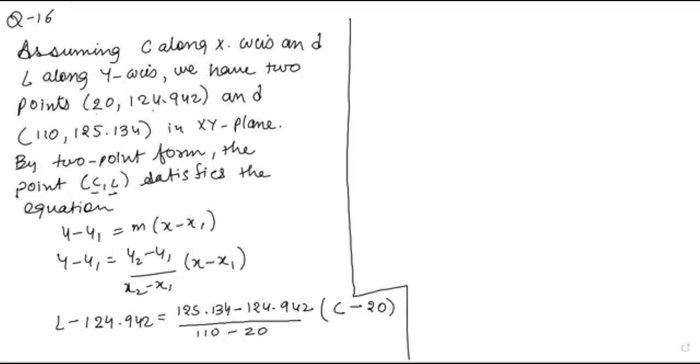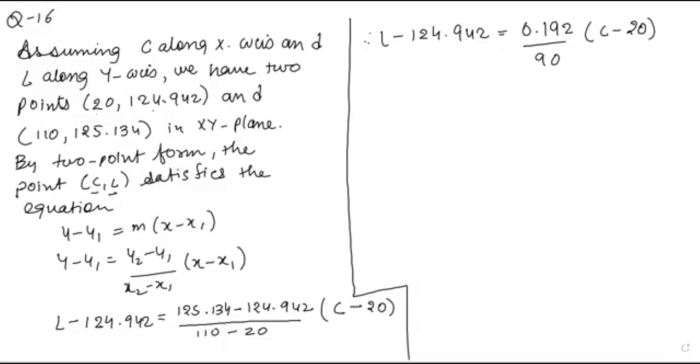So here we are applying the 2-point form and point-slope form together. Finally, if I solve this, then I will have L minus 124.942 is equal to, the subtraction of this will be 0.192 upon the subtraction of this, which will be 90, into C minus 20.